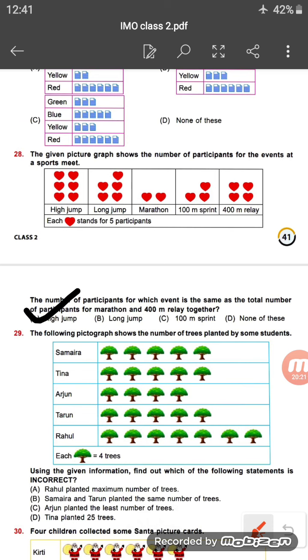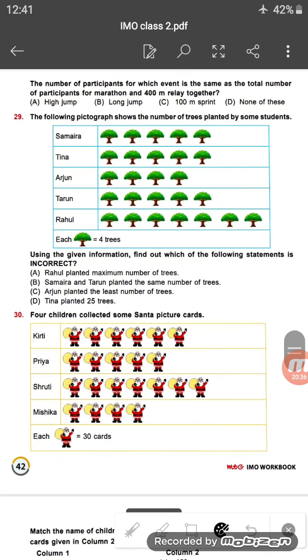Number 29, the picture graph shows the number of trees planted by some students. Each plant symbol is equal to 4 plants. Using that, you need to find which statement is incorrect.